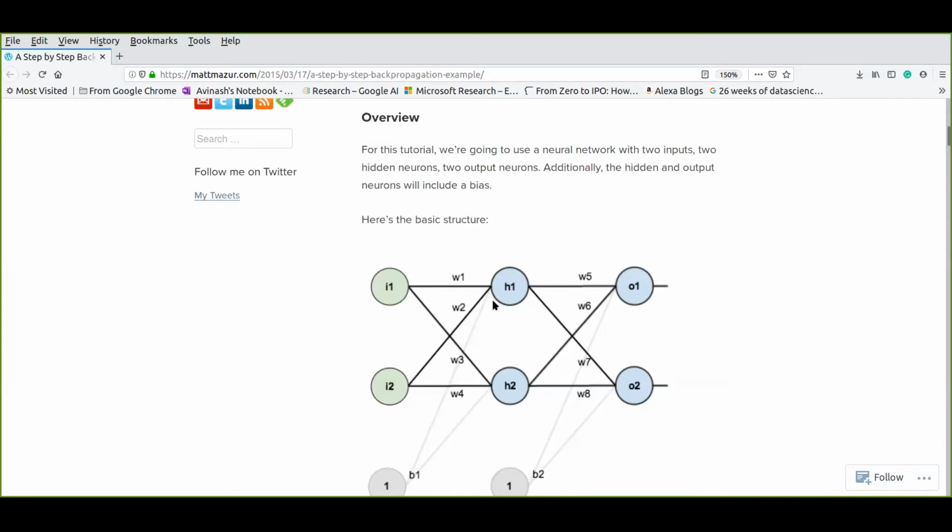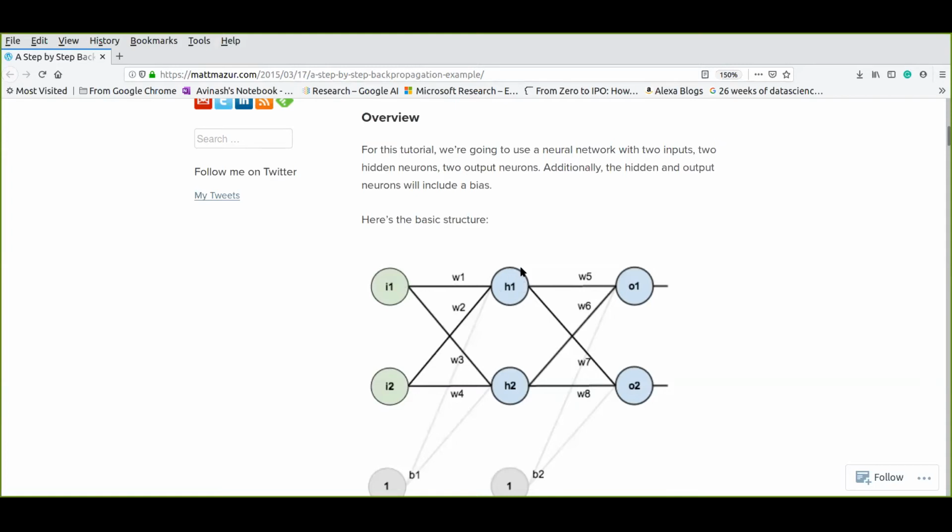So we must have heard about weight matrix, like M by N weight matrix or X by Y weight matrix. So what exactly are these dimensions? To answer that, what we have here is a 2 by 2 weight matrix, because for every hidden neuron here, we have 2 inputs.